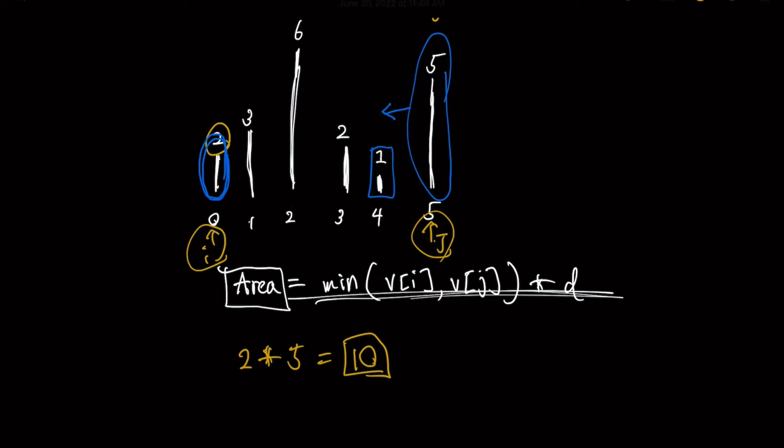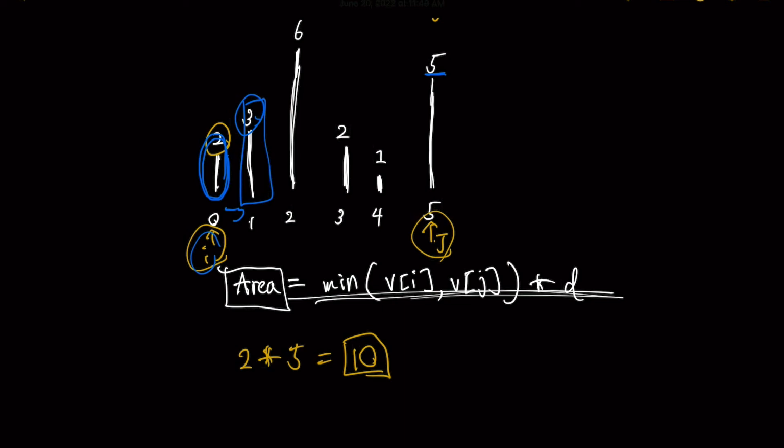But if I move this I to here, now I'm getting 3 and we are still at 5, so our minimum became 3. So our update constraint is we only move the pointer that has the minimum height.